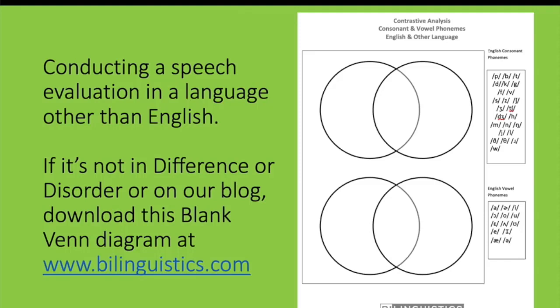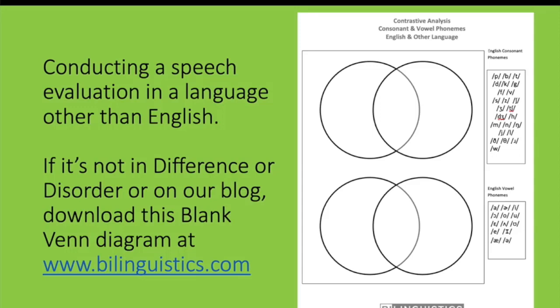So when we're starting this process, we need a Venn diagram to know the sounds that are shared between two languages and the sounds that are unique to the languages. Now, the first place you're going to look is Difference or Disorder in that book. If your language isn't in that book, look at the blogs on bilinguistics.com and see if you can find it there.